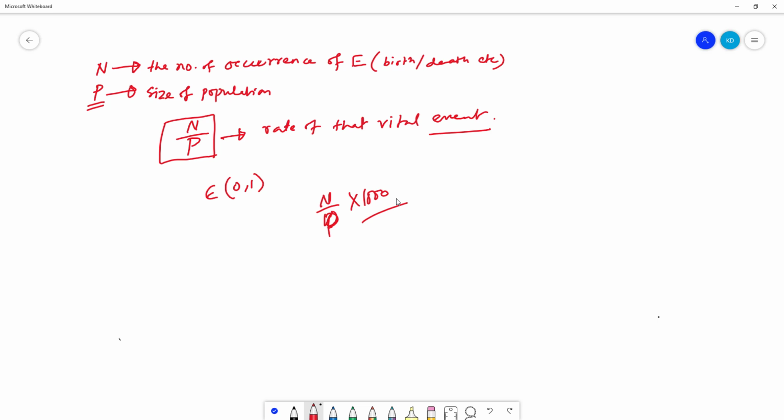The number of persons exposed to the risks of a vital event is usually the population of the given area during a given period or some segment of that population.